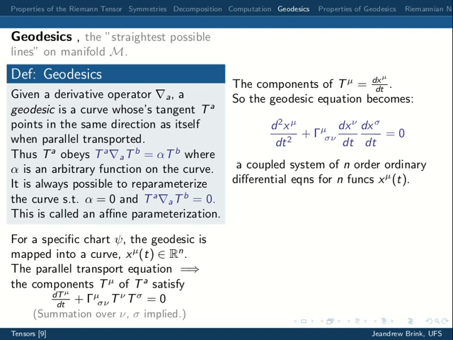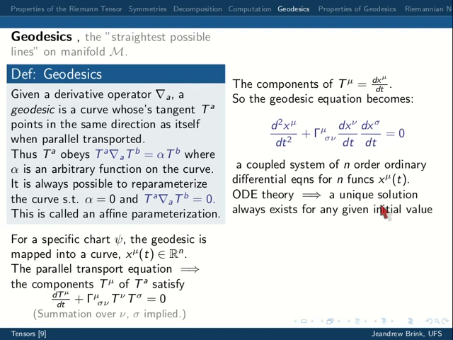And the idea of as straight as possible is true for absolutely any manifold. And so from ODE theory, you'd always guarantee that there's a unique solution and that it always exists for any initial value of x.